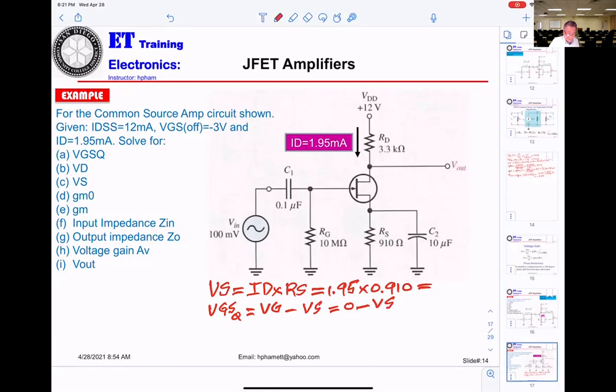Output impedance, Z out, RD. Okay, we do not do calculation for R small d. No load for this circuitry.